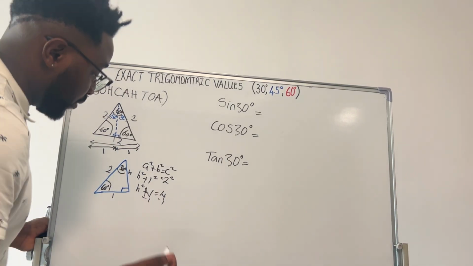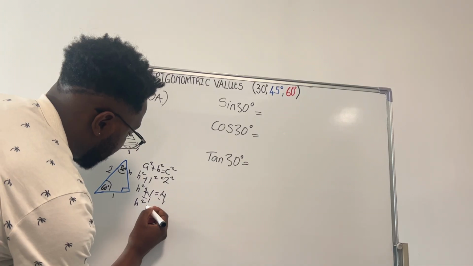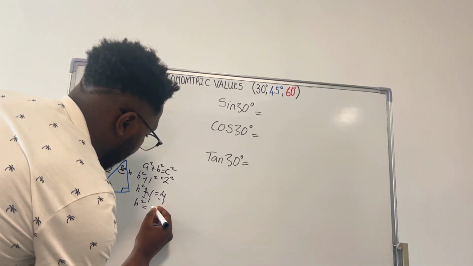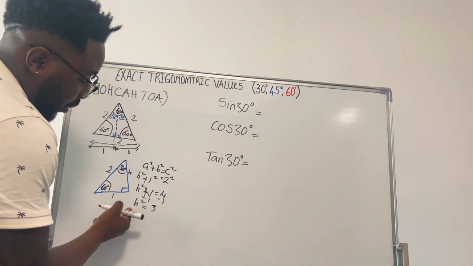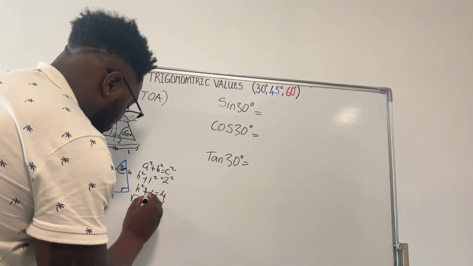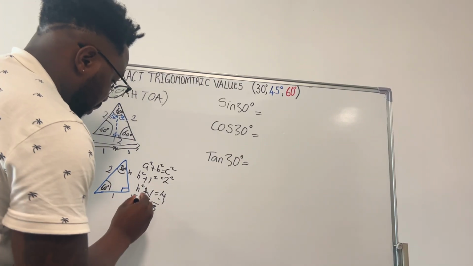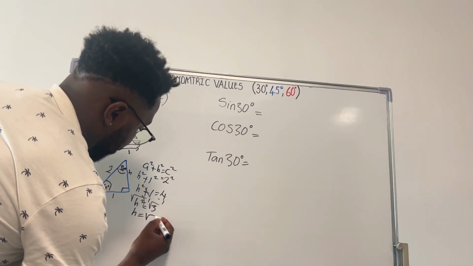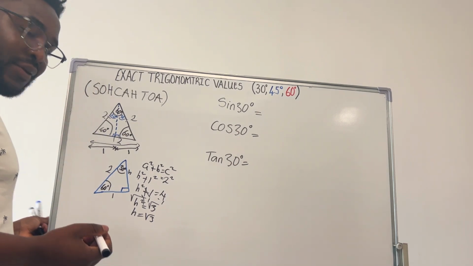Those two will cancel out and we shall be left with h squared equal to 4 minus 1, which is 3. Let's isolate our h by getting rid of the exponent, so we square root both sides. Those cancel out and we have our h equal to root 3, right?